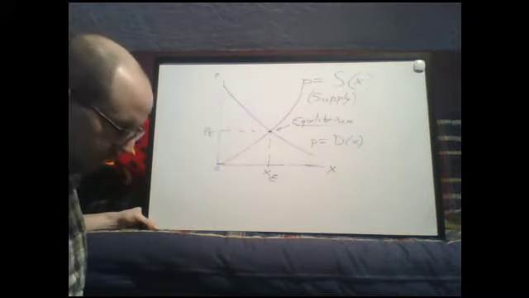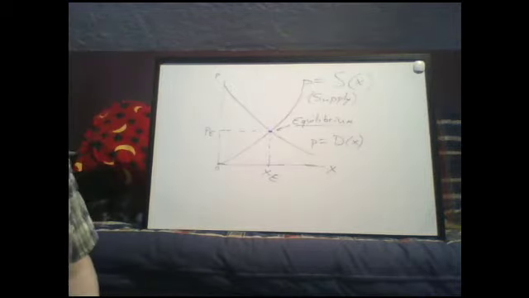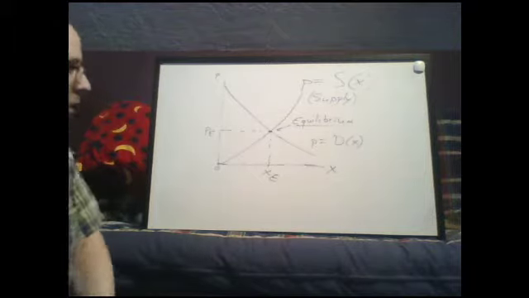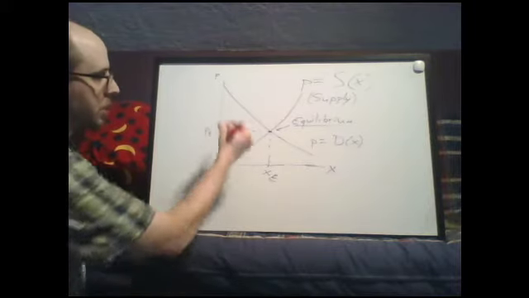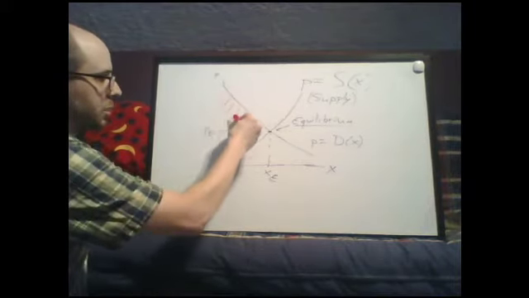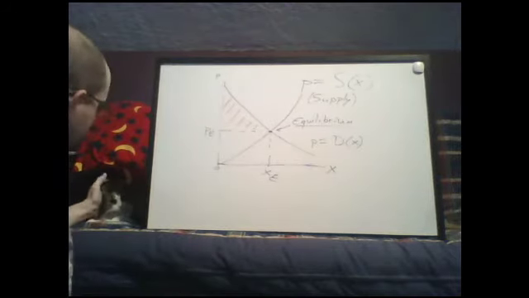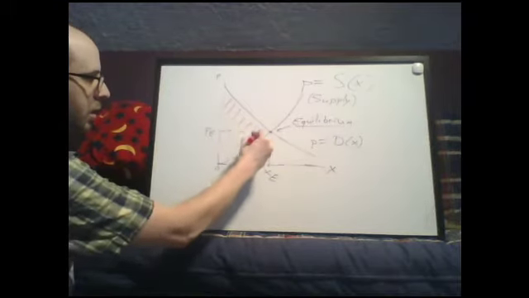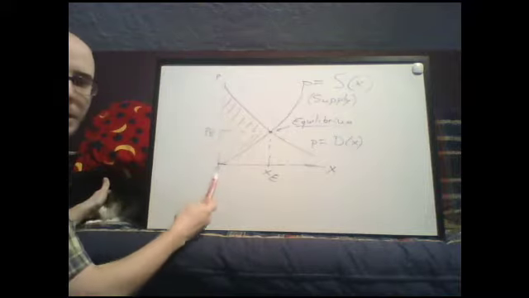Okay, so now let's do an example. By the way, just one more point before I erase this picture. In this picture, the consumer surplus, that was this region up here. The producer surplus is this area here. So overall, there's these two surpluses.